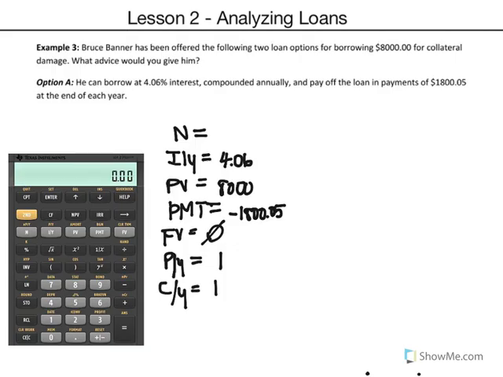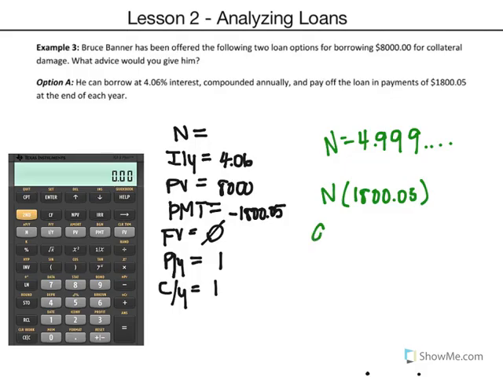So when you figure this out, you should get N to equal 4.9997777. So in order to figure out how much he paid altogether, we're going to take that N value and times it by his payment of $1,800.05. So do not clear the calculator screen and take that number and multiply it.